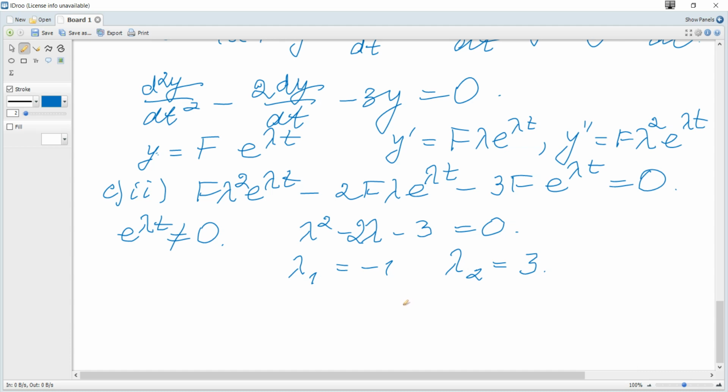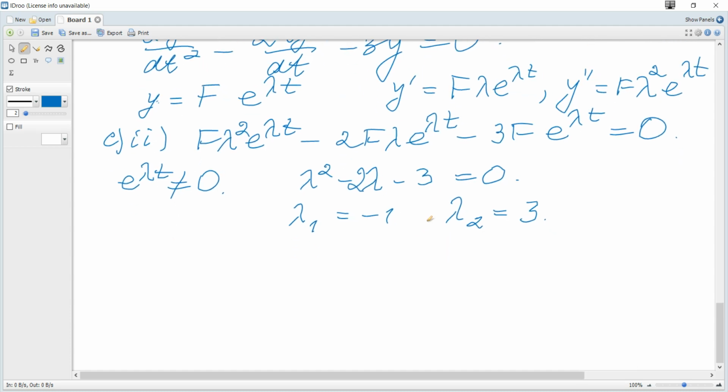Next, let the two values found in part C(ii) be lambda1 and lambda2.